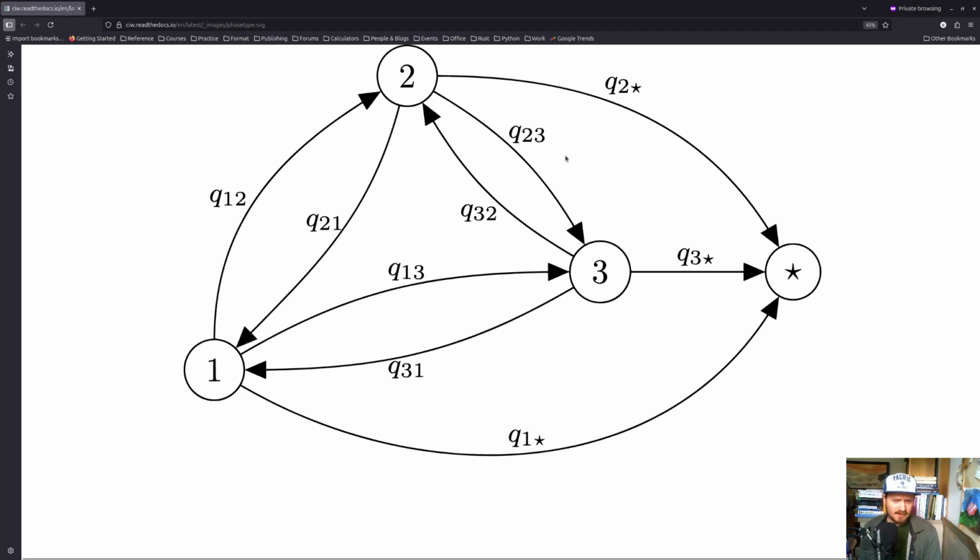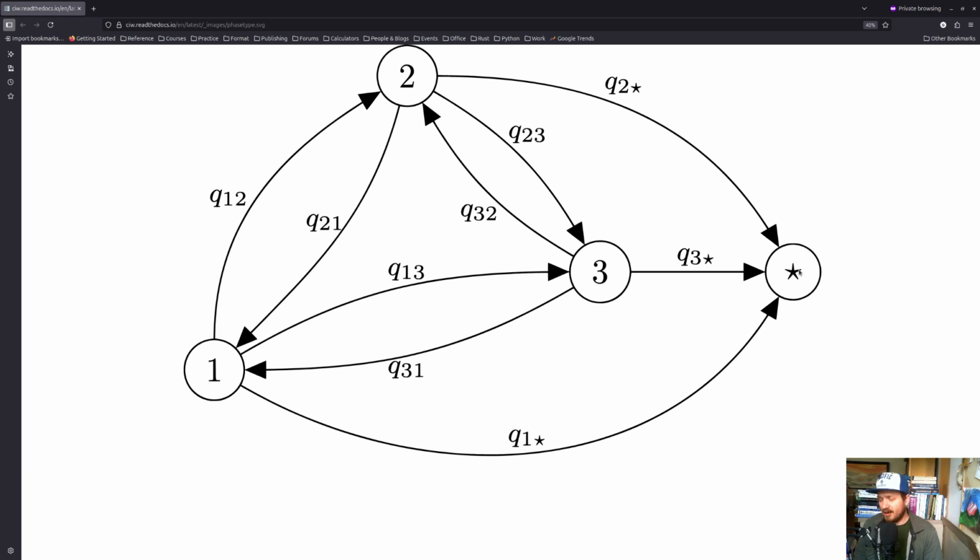Okay, so if I start off, let's say, with some probability in state 3, I might go over and transition into state 1, and then back into state 3, and then into state 2, and then back all the way to state 1, and then to the absorbing state. That's just one of the possible histories.